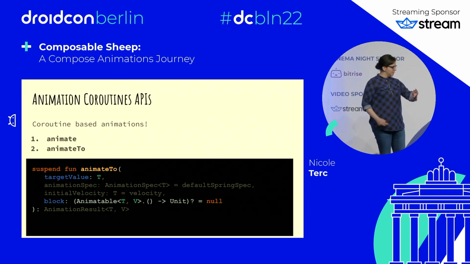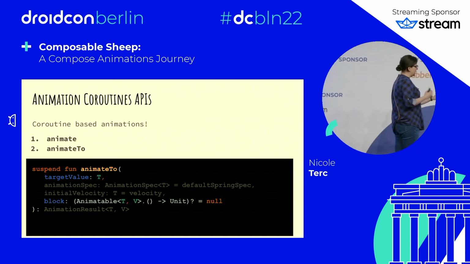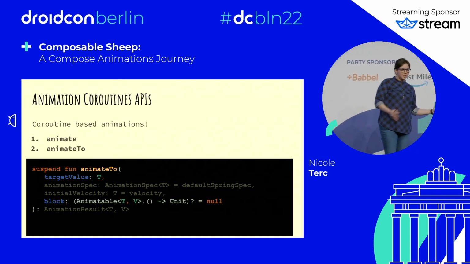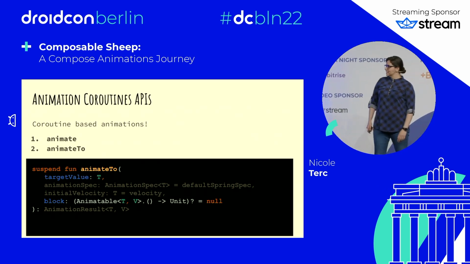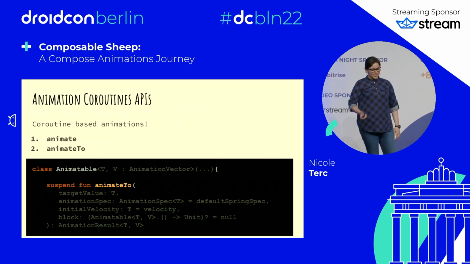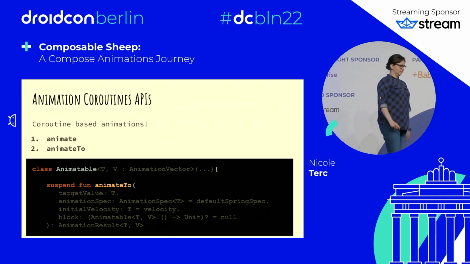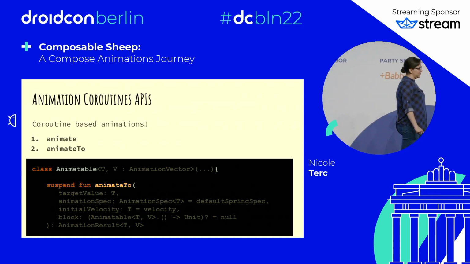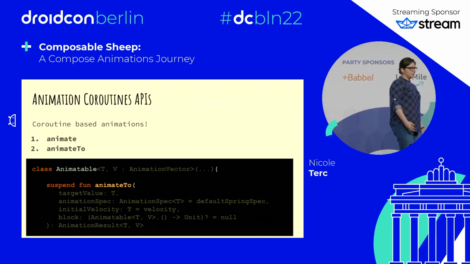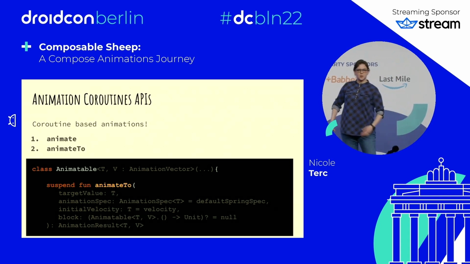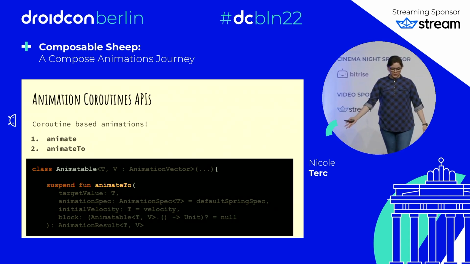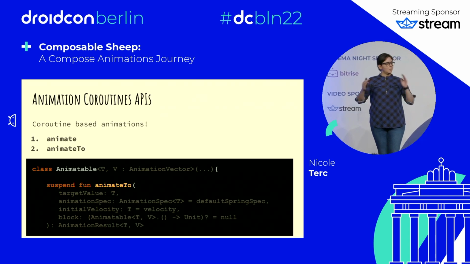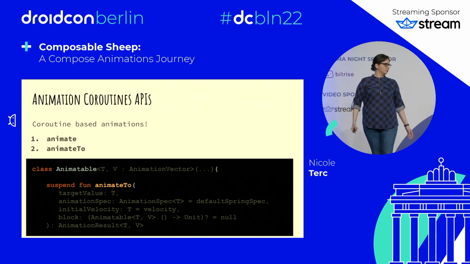You may be wondering, where is the initial state? How does this thing know from where it's going to start this animation? Well, there's a trick to this one, and that is that animate2 actually lives inside the animatable class. This animatable class is going to be the one in charge of maintaining the state, so it's going to be the one remembering from where this is going to be animated, and when calling animate2, you're going to set where your animation wants to go.